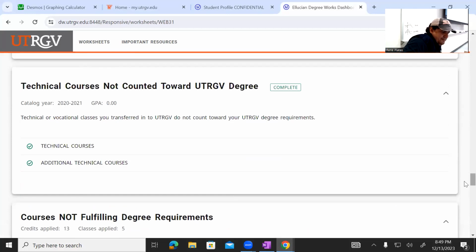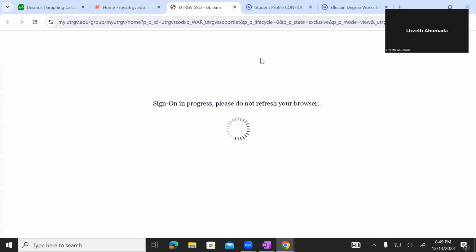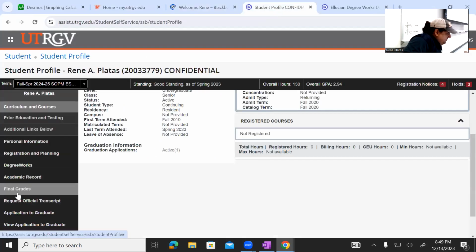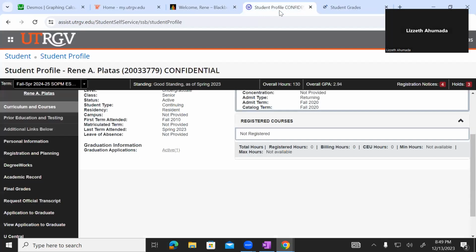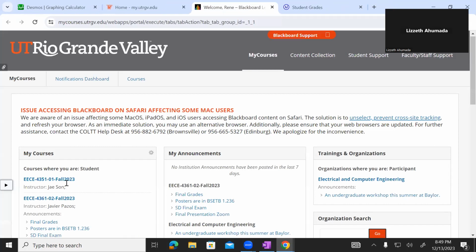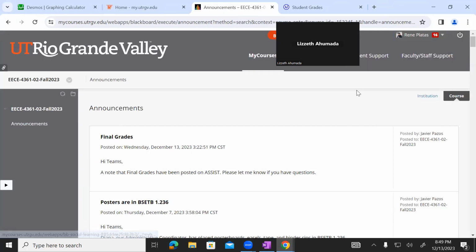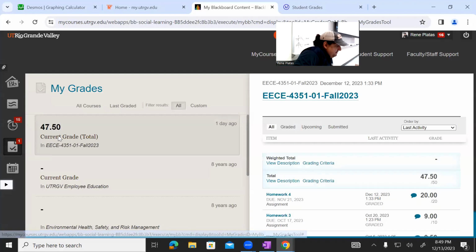Maybe it's on Blackboard. It's not going to show up on degree works until they turn in the grades, which is next Monday. What are you checking exactly?